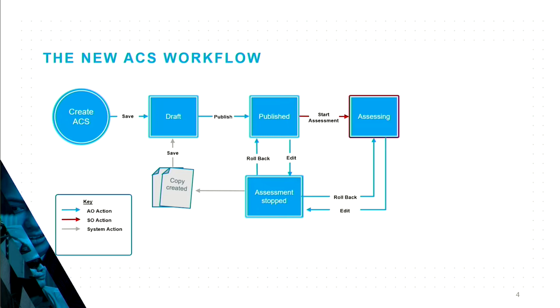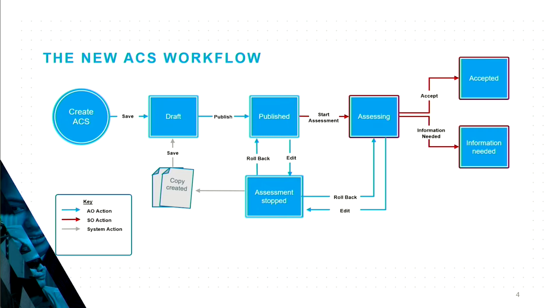Once assessment is completed, there are two possible outcome states, either accepted or information needed. For accepted, this state means that the provided information for assets and the station level is relevant to their current ACS stage. So ACS stage is more like a commissioning stage or lifecycle stage of the asset, these being planning, pre-commissioning, final, or decommissioned, which is a new stage that we've added.